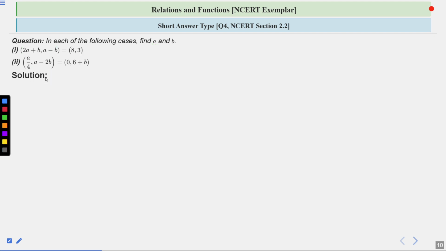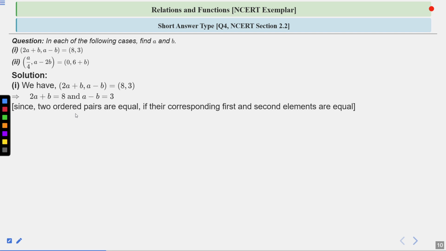Solution. We have the ordered pair (2A plus B, A minus B) the same as (8, 3). So using the condition, we have 2 equations: 2A plus B equals 8 and A minus B equals 3. Since 2 ordered pairs are equal, their corresponding first and second elements are also equal.